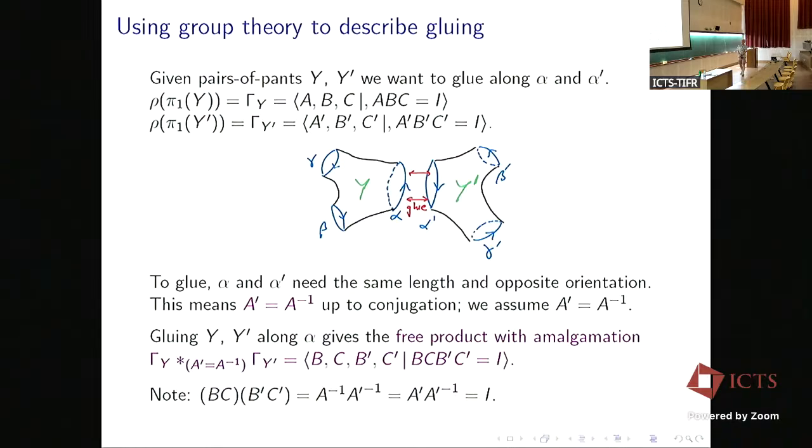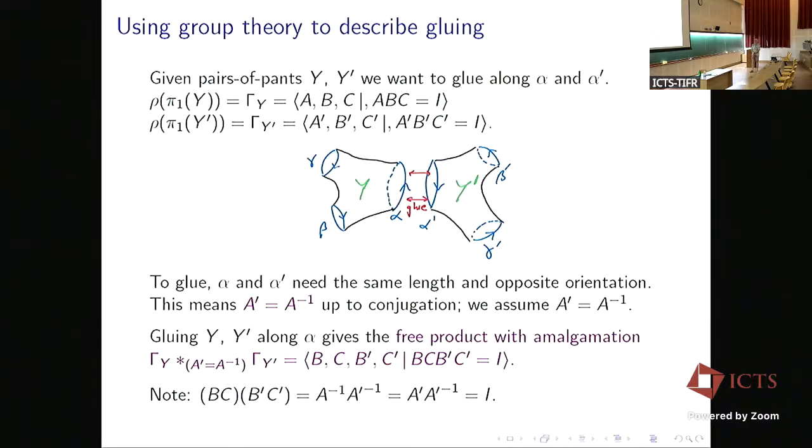So I want to glue along alpha and alpha prime. So what was my condition? My condition was that they should have the same length and opposite orientation. So same length means they have to have the same trace, using this correspondence between length and trace. And that means that they should be in the same conjugacy class. Let's write it like that.